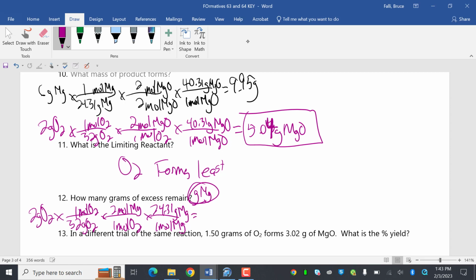This will tell me how much I need. 2 divided by 32 times 2 times 24.31 equals 3.03 needed. And that's how much I need.